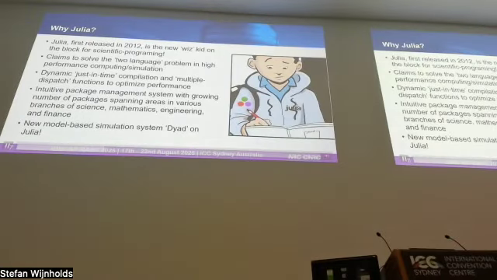First released in 2012, Julia is considered the new kid on the block for scientific programming that aims to solve the two-language problem by achieving both productivity and performance within a single implementation. It utilizes dynamic compilation and multiple dispatch functions to optimize performance.